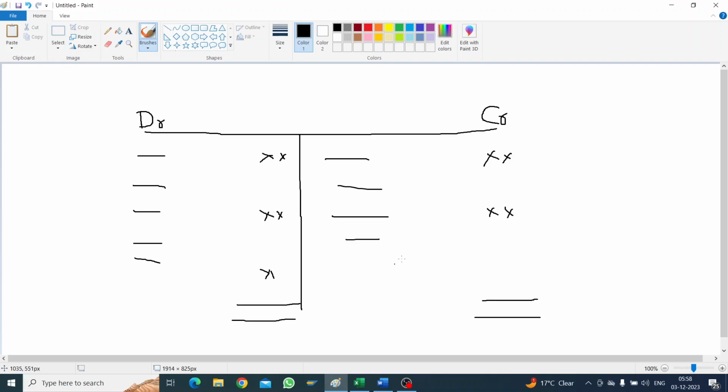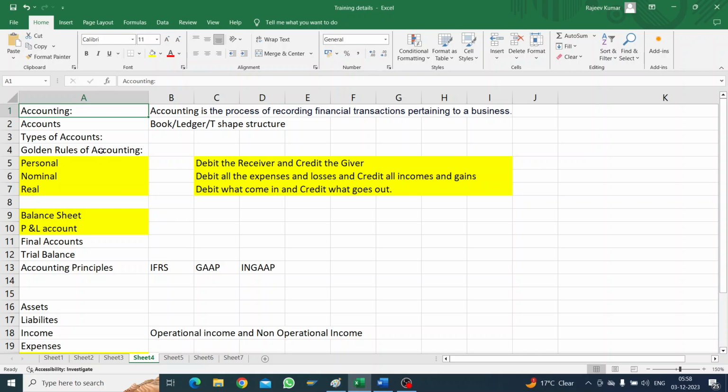Now let's get into the other topic, the types of accounts. We have basically three types of accounts, as you can see: personal, nominal and real.